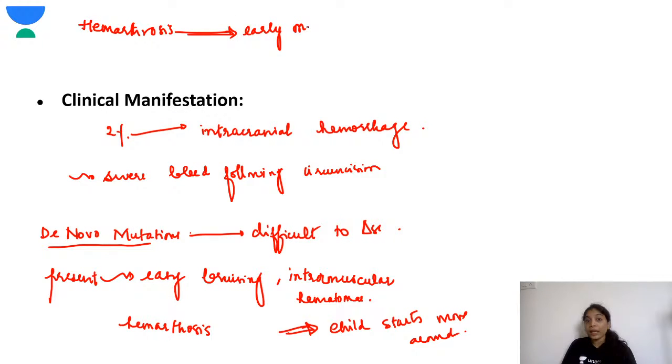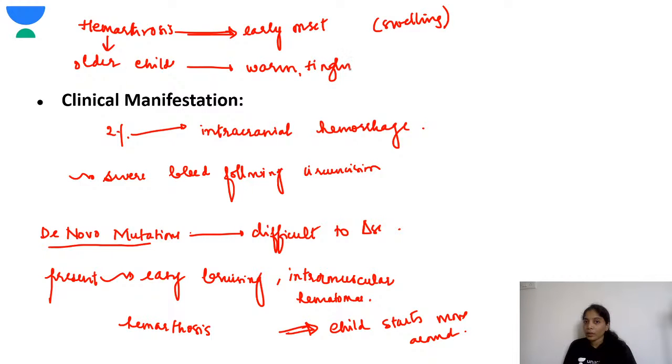But in older children, they know when the bleeding happens: there is a warm tingling sensation at the joints. Even before the pediatrician or a physician detects it, the child will tell, I have this kind of sensation. That will help you in the diagnosis.